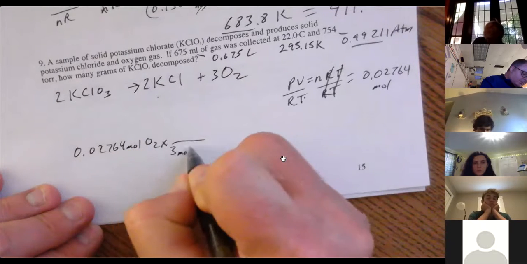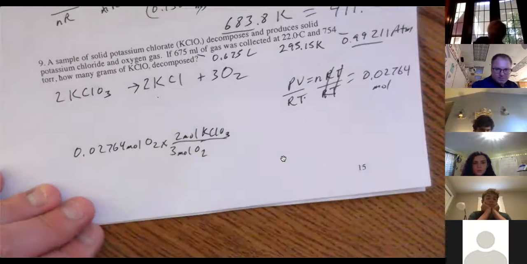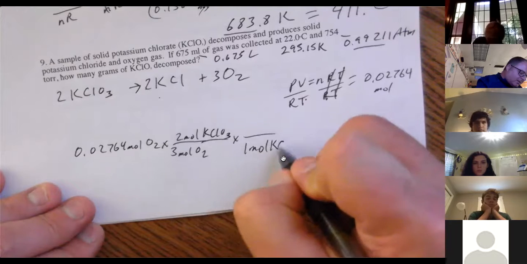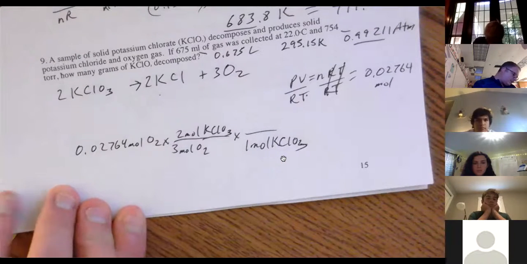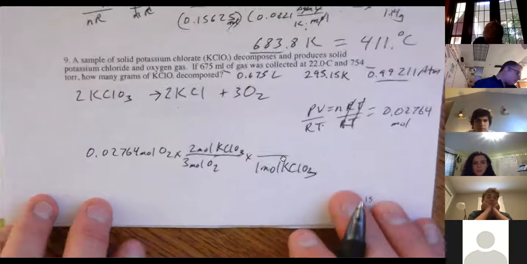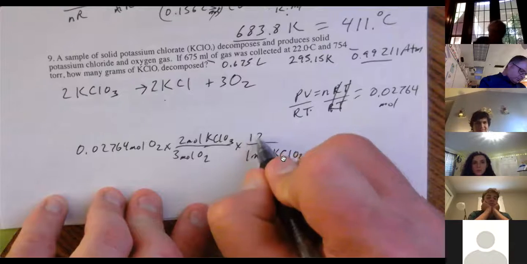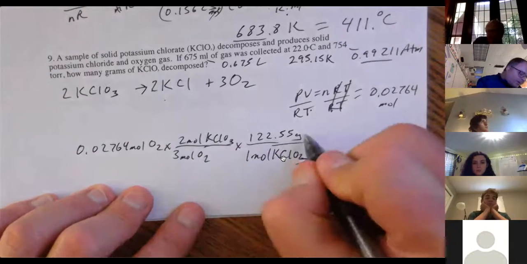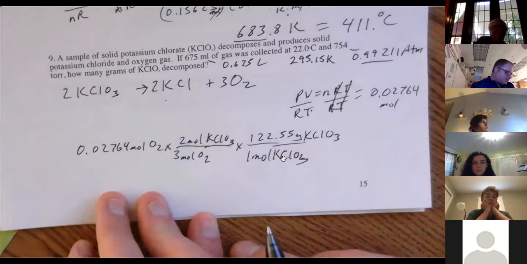Every 3 moles of O2 requires 2 moles of KClO3 using stoichiometry. And every 1 mole of KClO3, 3 times 16 plus 39.10 plus 35.45, is 122.55 grams from the periodic table. 0.02764 times 2 divided by 3 times 122.55.